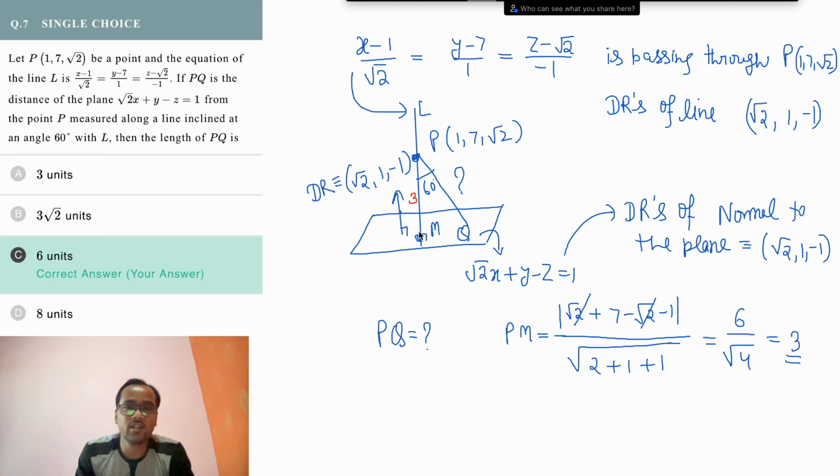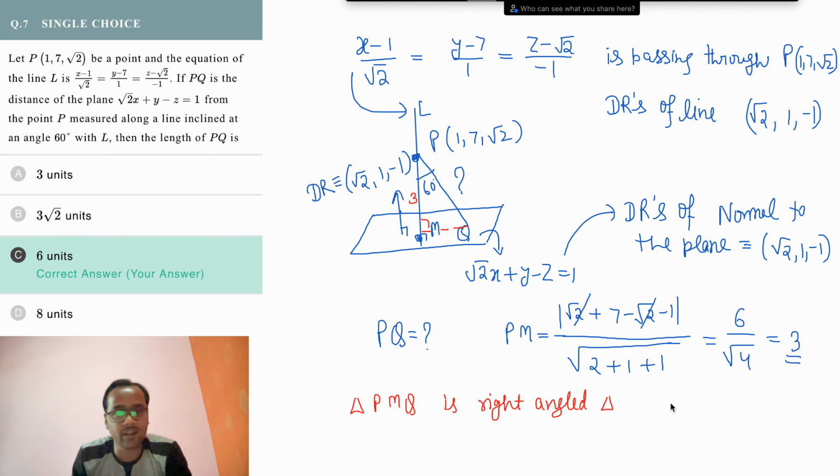If this PM is 3, you see this triangle PMQ is a right angle triangle. So now using trigonometry we can get PQ. So cos 60 I can use.